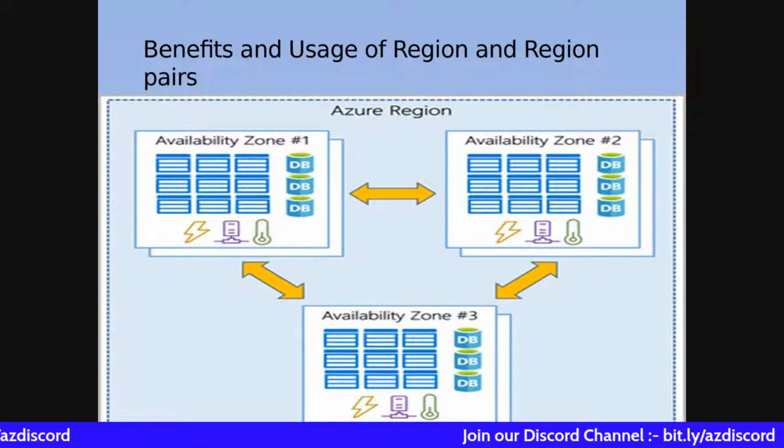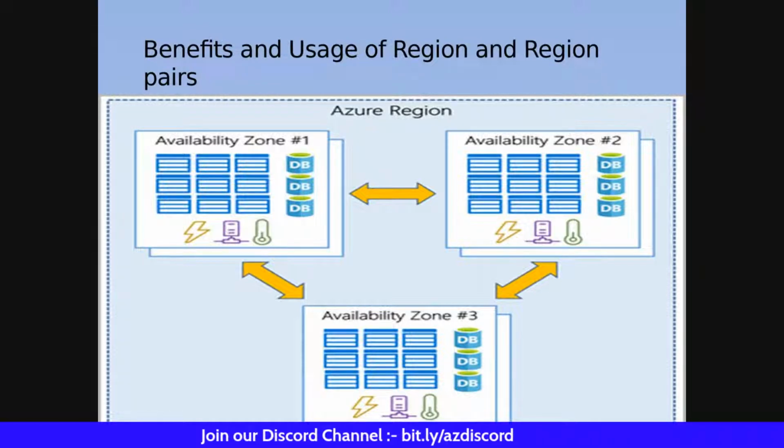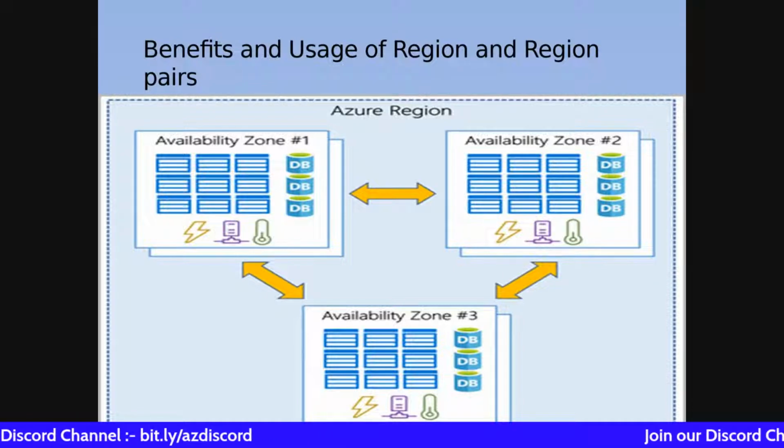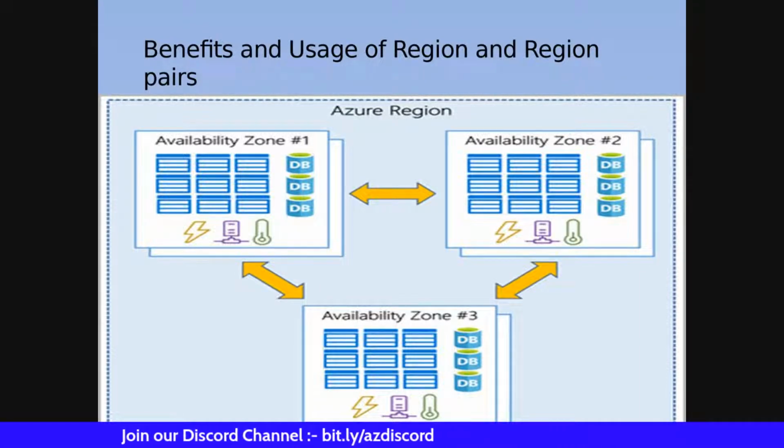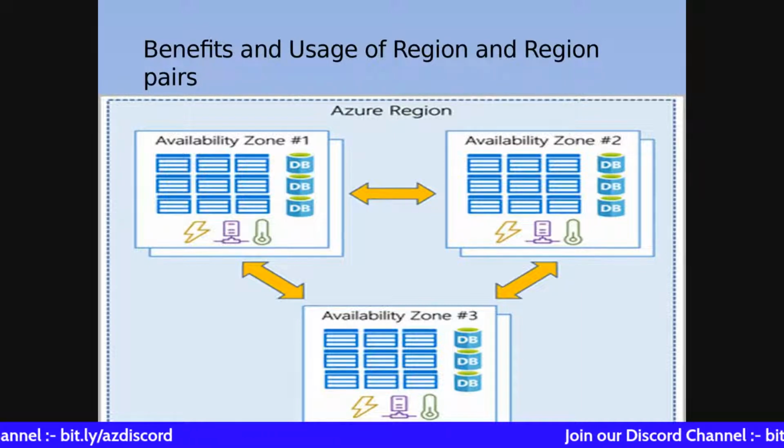Like I told you yesterday, you'll have availability zones. Azure regions and availability zones are designed to help you achieve resilience and reliability for your business-critical workloads. It maintains multiple geographies.